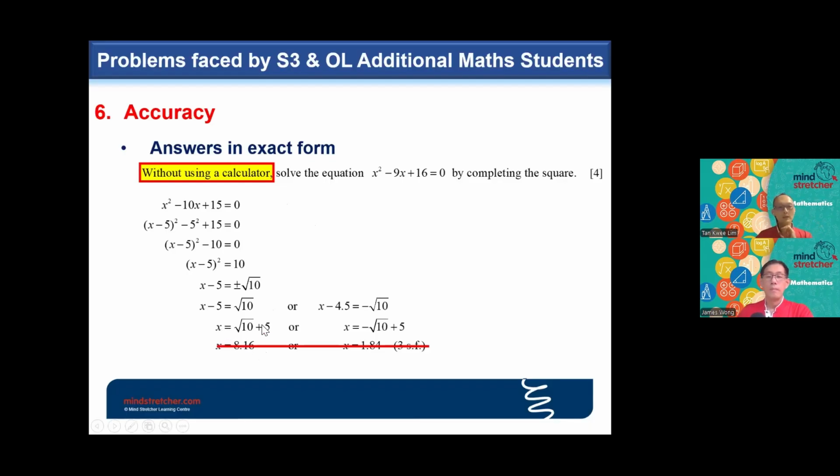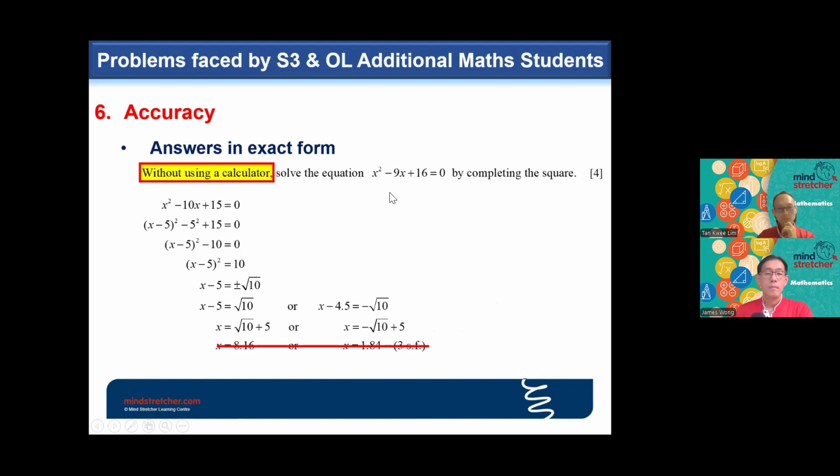So this would be the answer that they should be showing, which is in exact form: x equals root 10 plus 5 and or x equals negative root 10 plus 5.